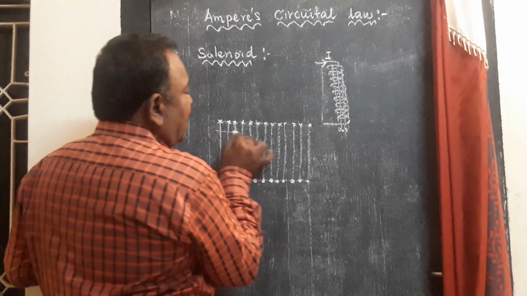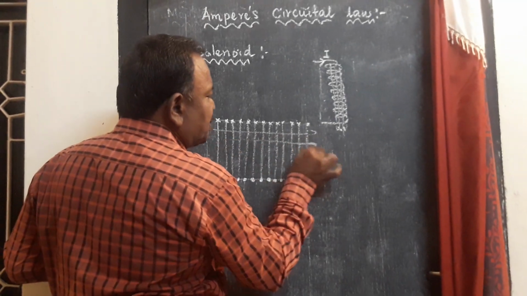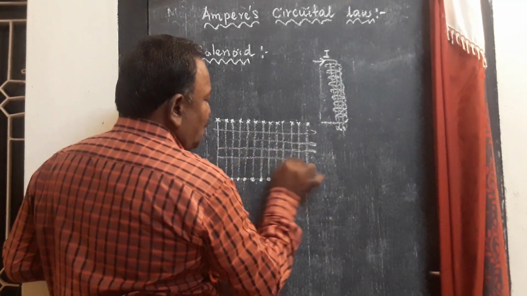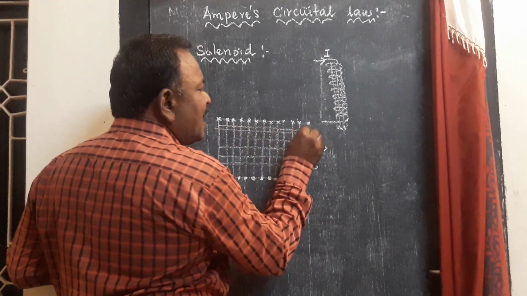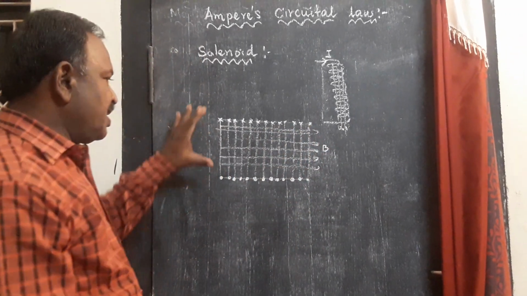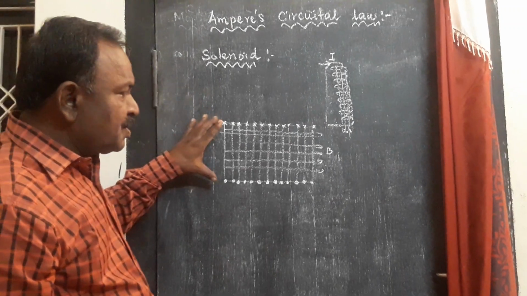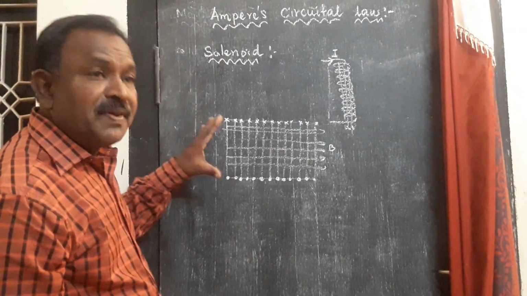So magnetic field is uniform. Uniform magnetic field is represented by parallel magnetic field lines. So inside the solenoid there is uniform magnetic field.